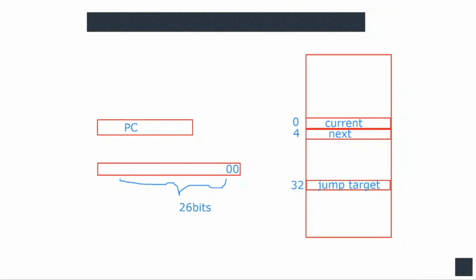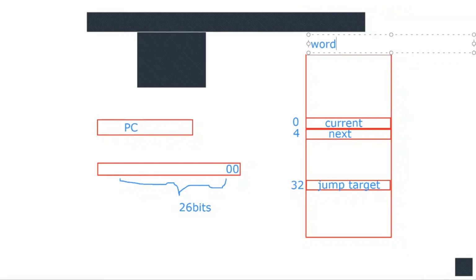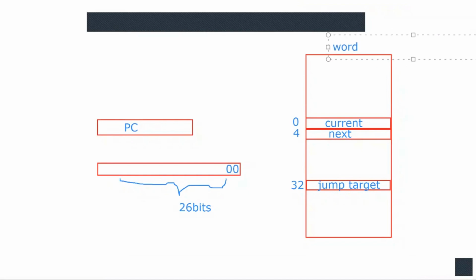So this is a word aligned memory that we have drawn here. This memory is 1 word wide, or 32 bits wide.